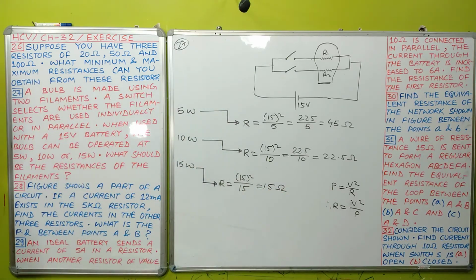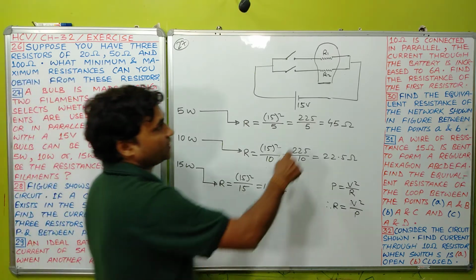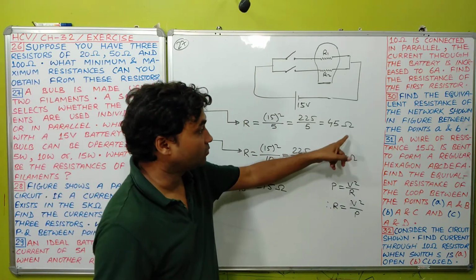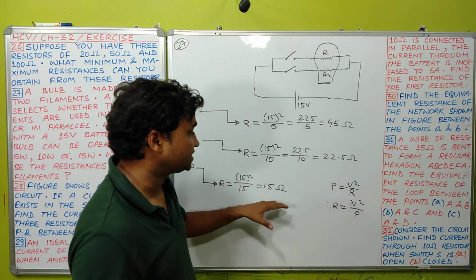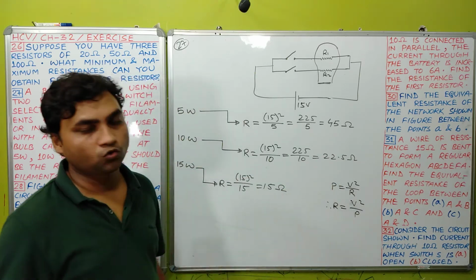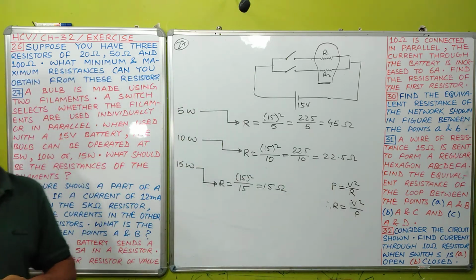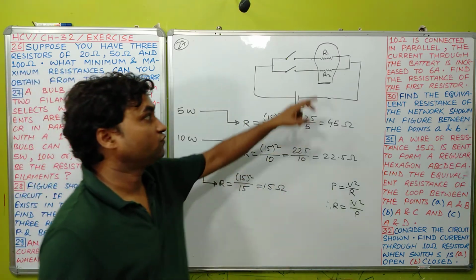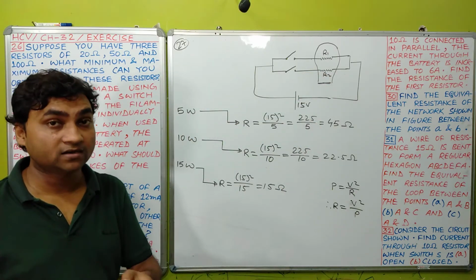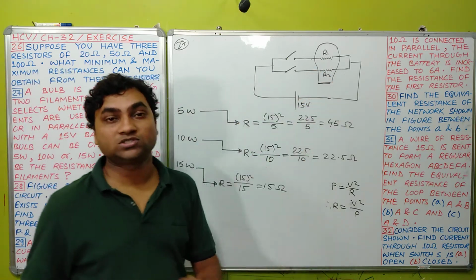Student, now we have to find what should be the resistances of the filaments, means we have to find the values of R1 and R2. Certainly among the three values of resistances, 45 ohm, 22.5 ohm and 15 ohm, two values will be when the two filaments are used individually, and one value will be when these two filaments are used in parallel.